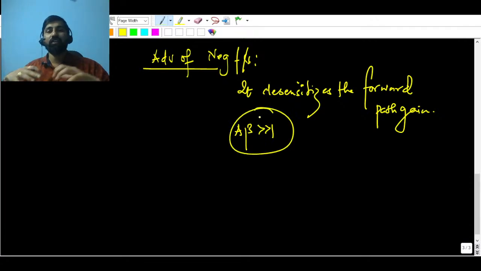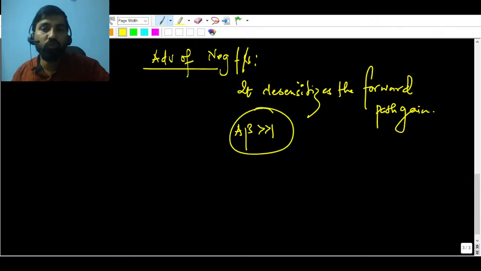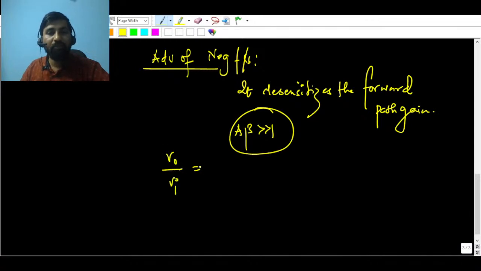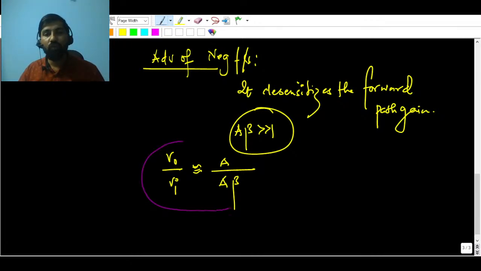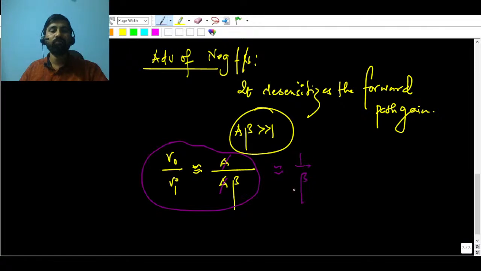If the loop gain is far greater than 1, then V naught upon Vi can be written as A upon A beta, because you can neglect the one. So here you can cancel A and A, and approximately your overall gain would depend upon beta only.